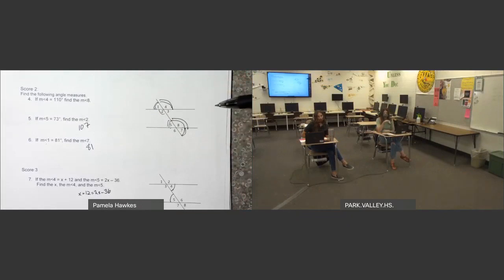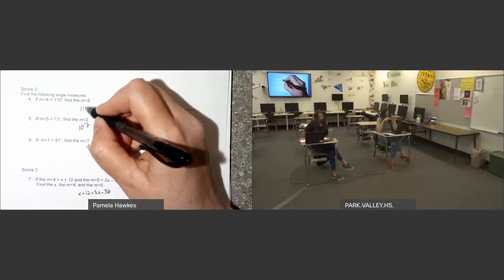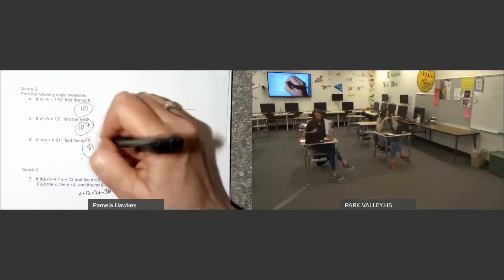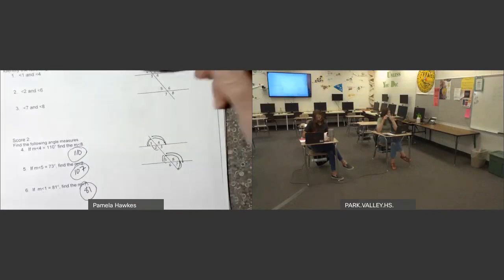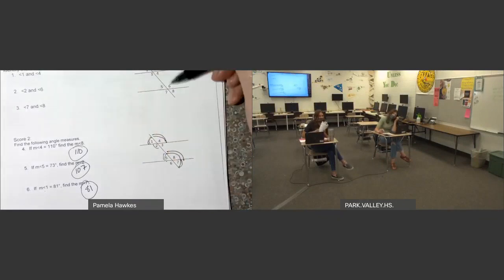Okay, how about 4 and 8? Corresponding, so what are they? Congruent, so how big's 8? 110. All right, what about 1 and 4? Vertical, congruent or supplementary? Congruent. 2 and 6.